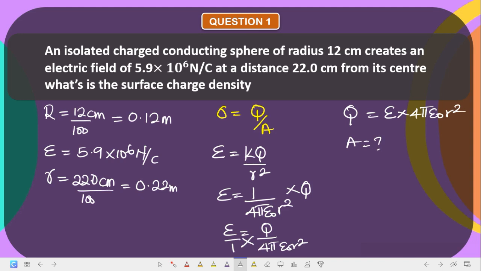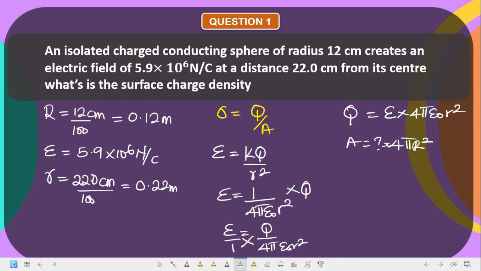But you are given the particular shape in question, which is a sphere. The area of a sphere is given by 4 pi r squared.